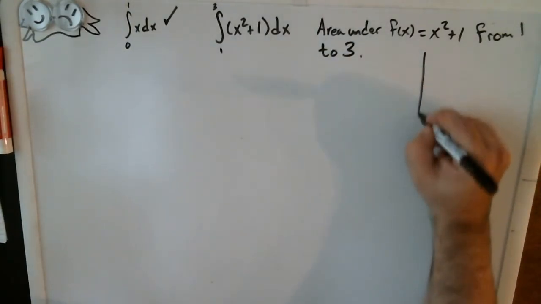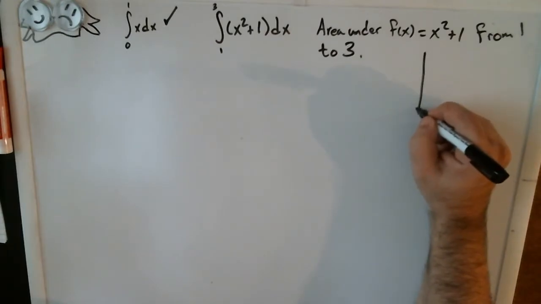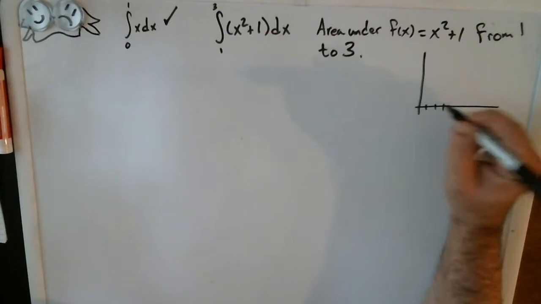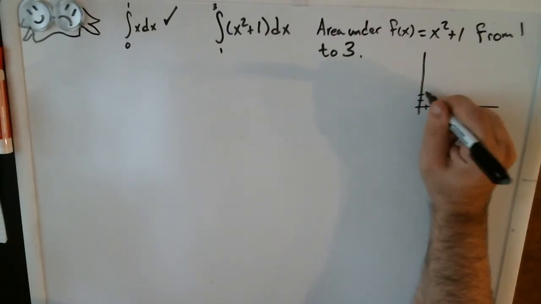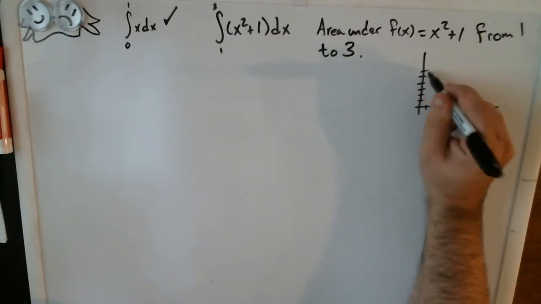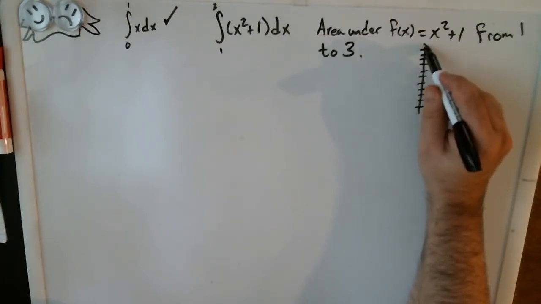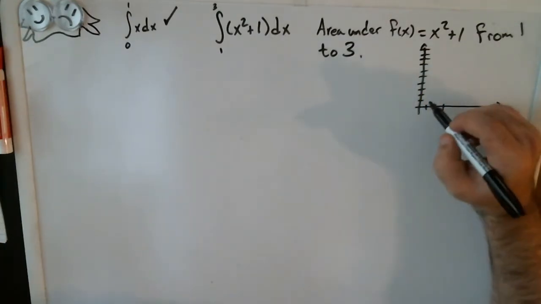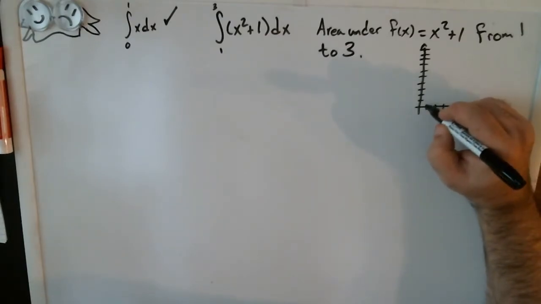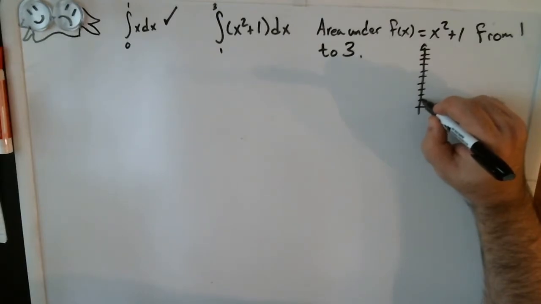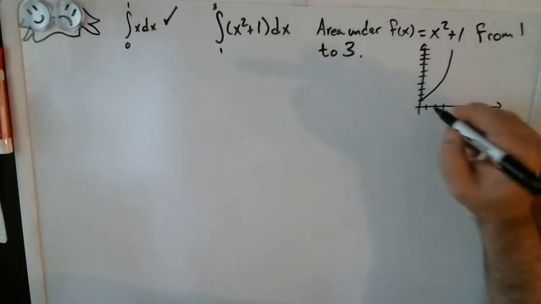And to really show that this is something that we don't know how to do, here are my axes. Okay, x squared plus 1 looks like that.